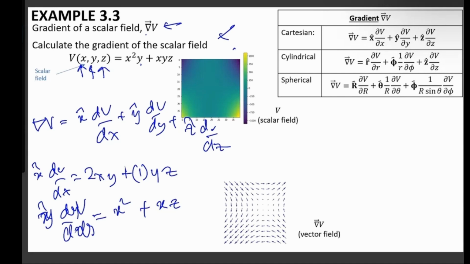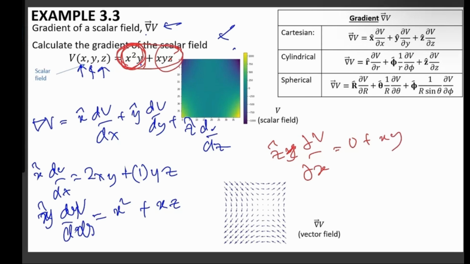Now the partial derivative with respect to z, dv over dz: there's no z in this term, so it becomes 0. For this one, z becomes 1, so plus xy.